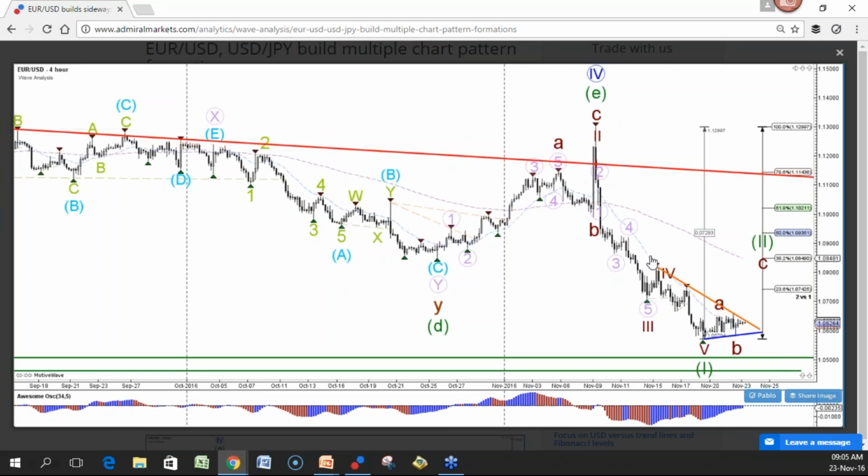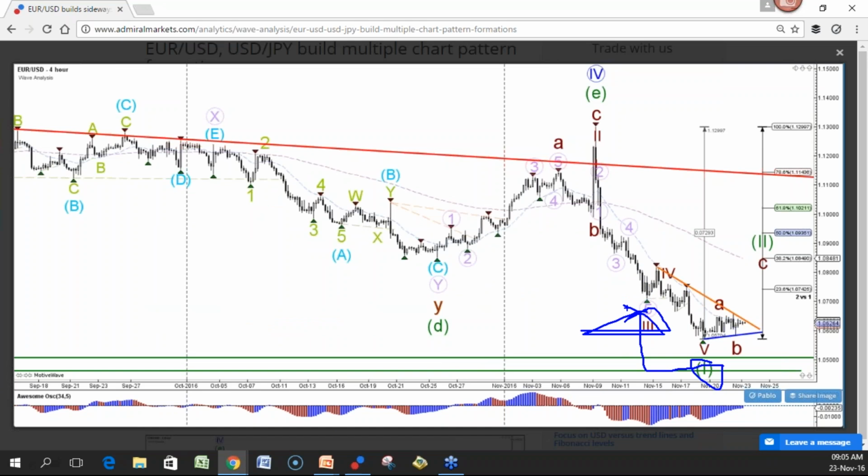Here on the way down, I actually thought that the wave 1 would be finished sooner. That was my most likely wave count, right?